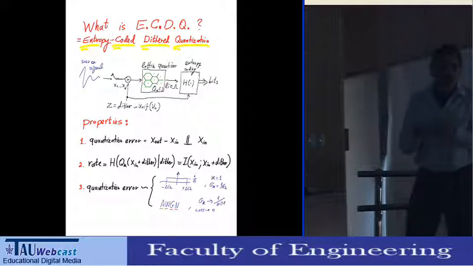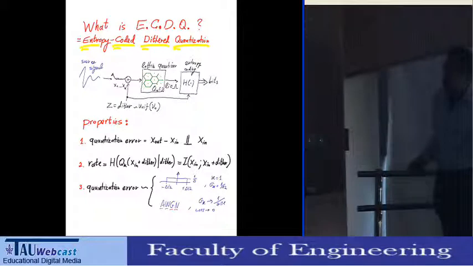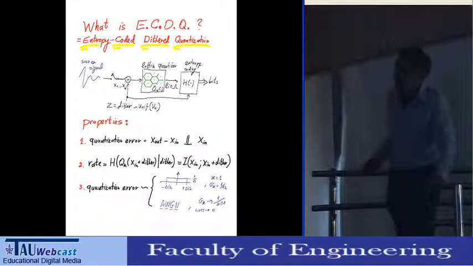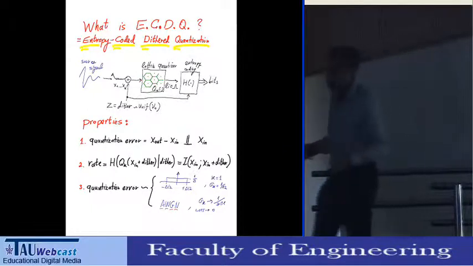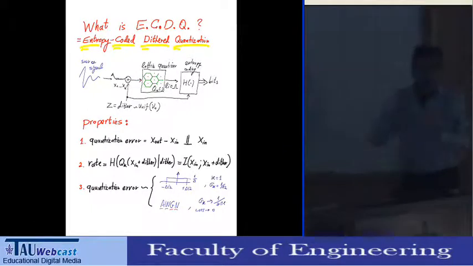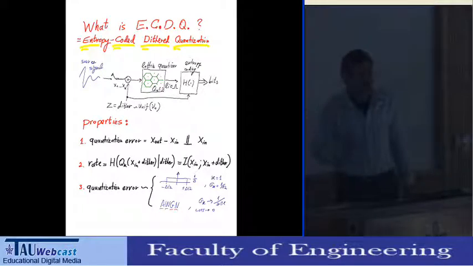Mutual information may look frightening from a practical point of view, but for analysis it is very friendly. And the other thing is that if I'm using a lattice of high dimension instead of a scalar lattice, then the quantization error, instead of being uniform over an interval, becomes white Gaussian noise.